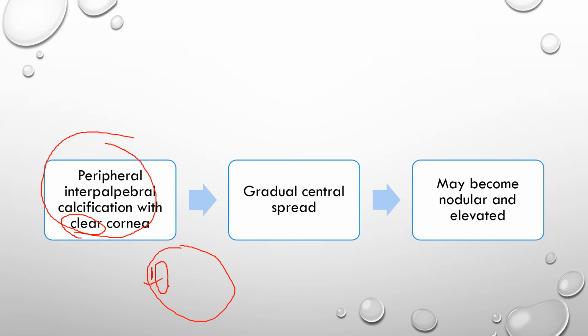Then there is gradual central spread. It begins in the periphery and then spreads towards the center. Then it becomes nodular and even elevated, and sometimes it also develops cavitations.